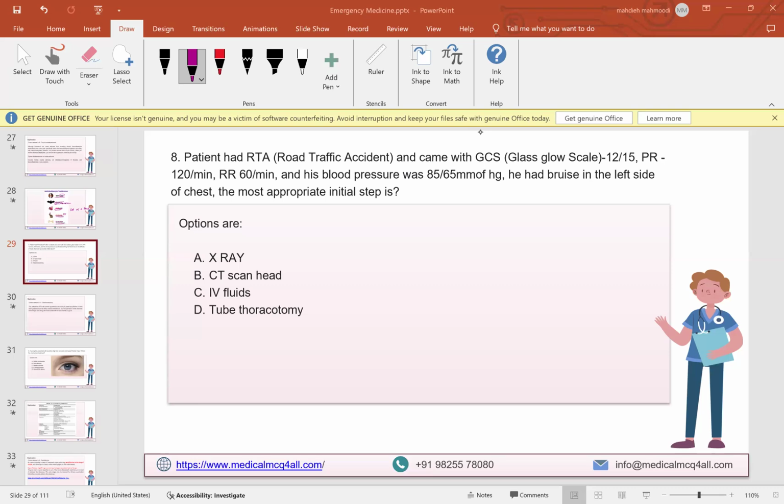Hypovolemic shock. Okay, hypovolemic shock could be an answer. But if it's hypovolemic shock, why does your patient have a respiratory rate of 60?